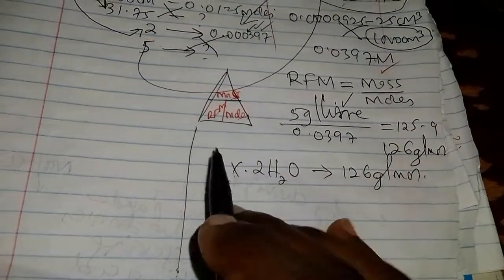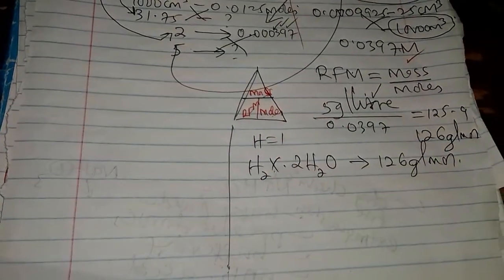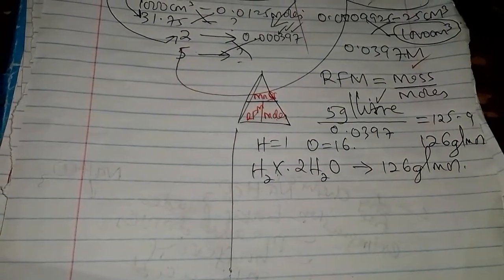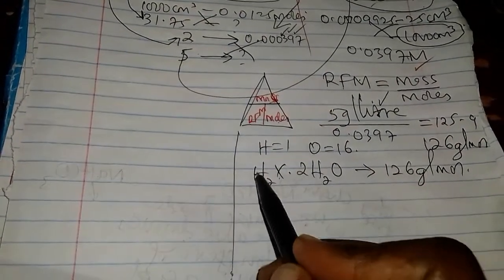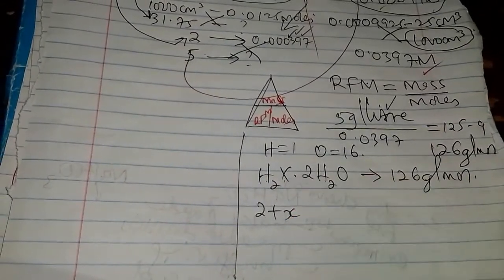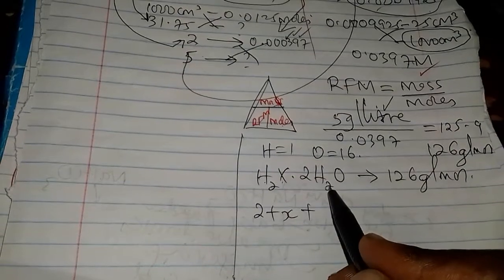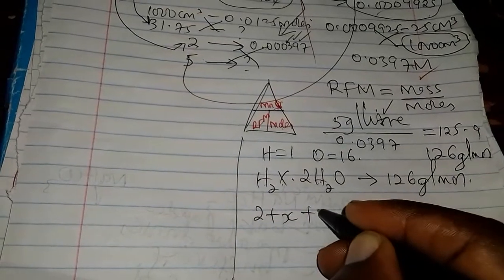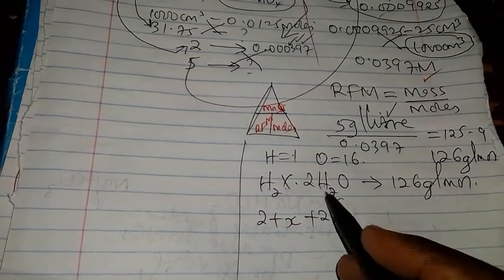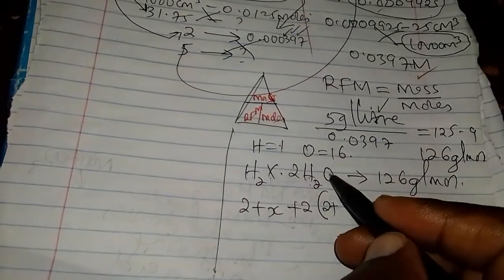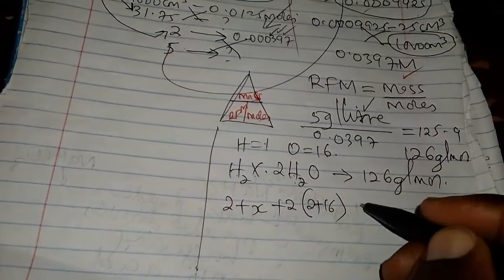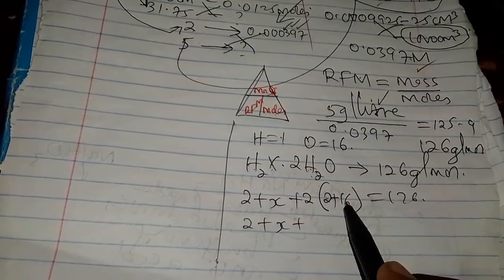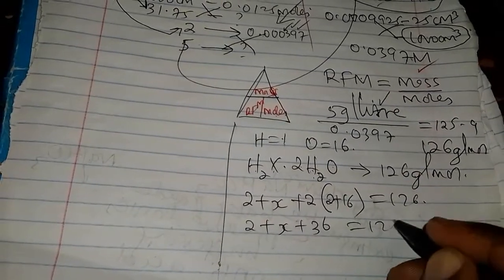But we want to get the value of X. We know very well hydrogen has a relative atomic mass of 1, oxygen has a relative atomic mass of 16. So we shall say hydrogen 1 times 2, because there are 2, that gives 2, plus X, which we don't know, plus 2H2O: hydrogen is 1, 2 times 1 is 2, plus oxygen is 16, so 18, 18 times 2 is 36, is equal to 126.